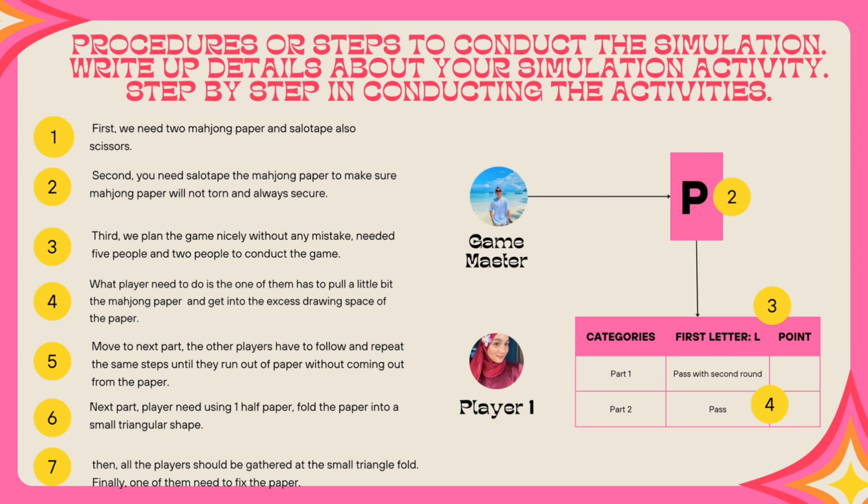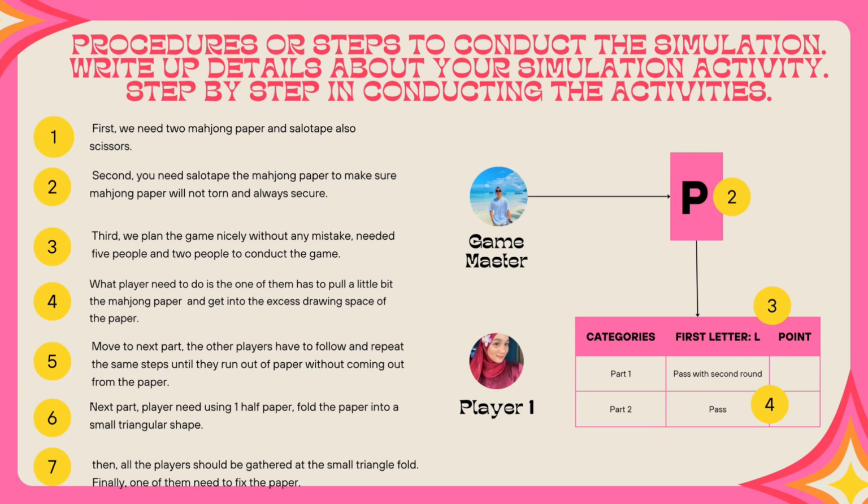Fourth, what the players need to do is, one of them has to pull a little bit of the mahjong paper and get into the excess drawing space of the paper. Move to the next part. The other players have to follow and repeat the same steps until they run out of paper without coming out from the paper.